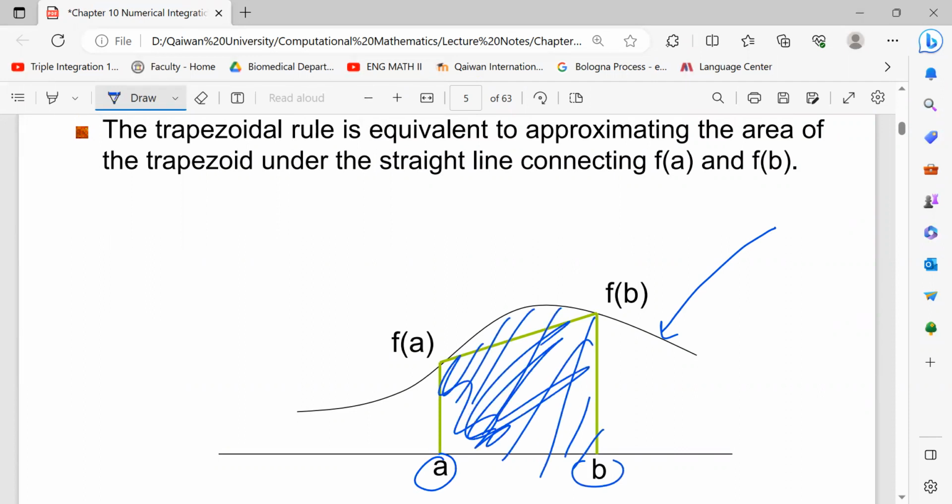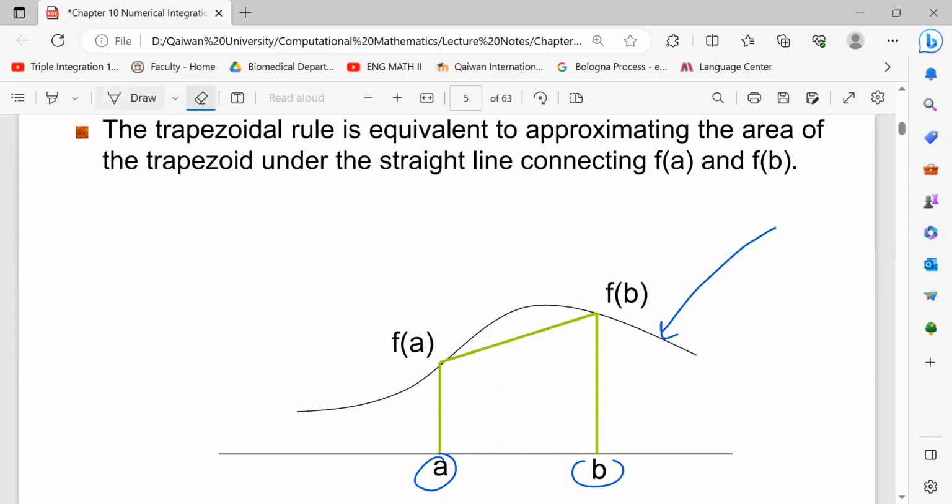Okay? It's the analytical solution. But here, for the function f, we couldn't find the integration analytically. What do we do? Here, the trapezoidal rule is the area of this trapezoid. Okay? This is a trapezoid shape.